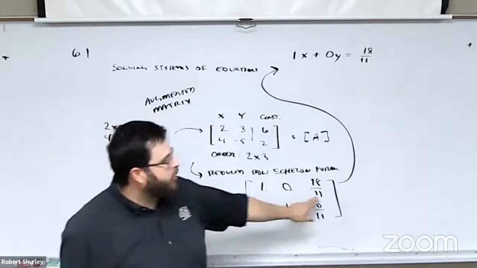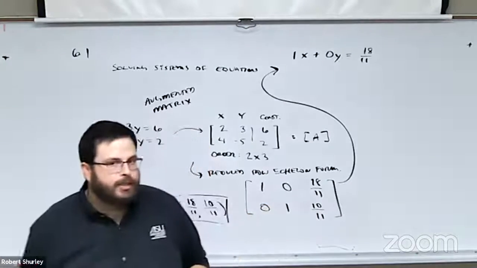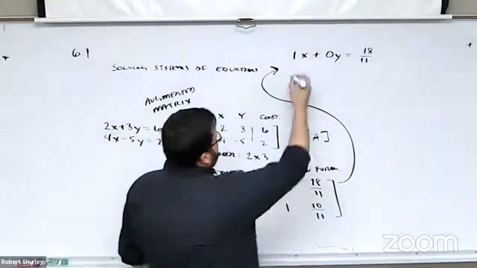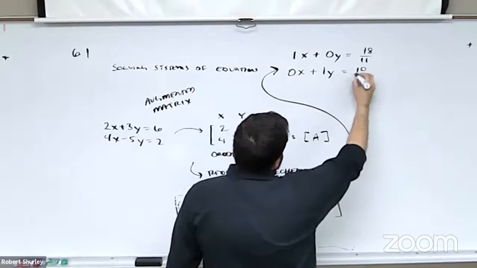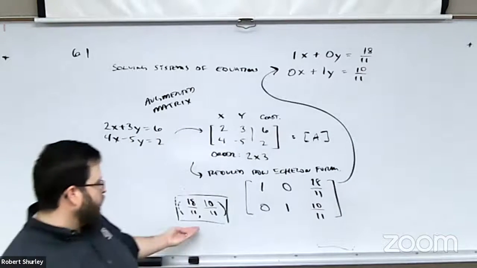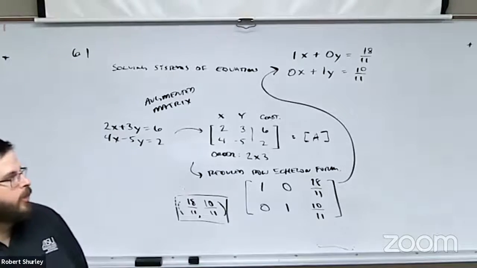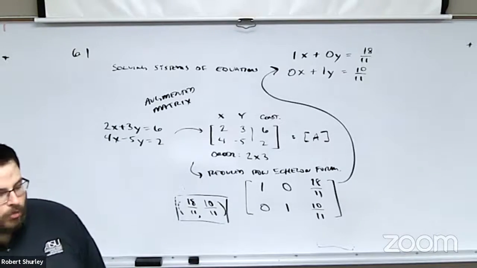That's what this first equation tells us. The second equation tells us 0x plus 1y equals 10/11ths, right? Now we knew this already, but we're using the calculator to solve it for us.